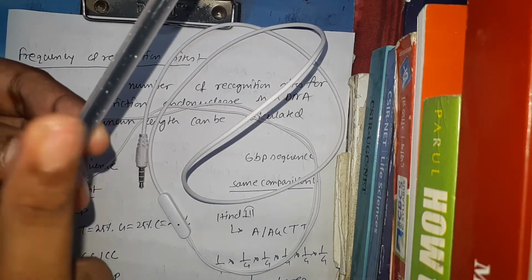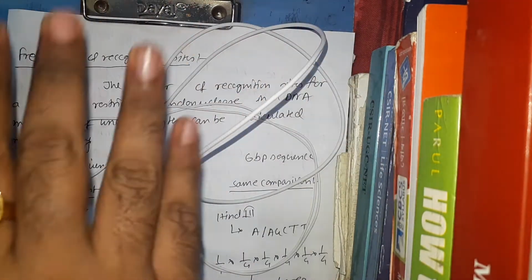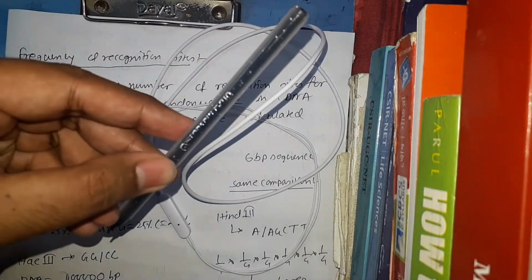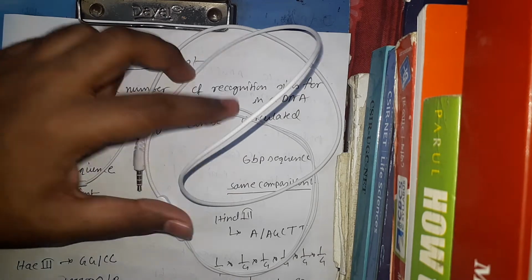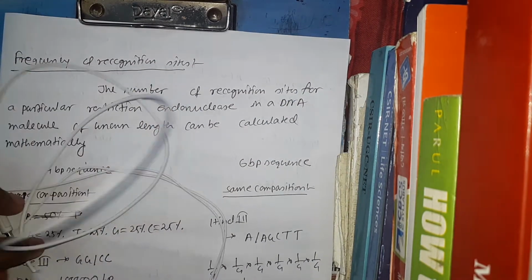It will recognize a particular restriction site here and make a cut, and there can be multiple restriction sites in the overall chromosome. So the frequency of recognition site simply tells us how many recognition sites there are in the overall chromosome that our restriction endonuclease can recognize. I hope it is clear to you now.